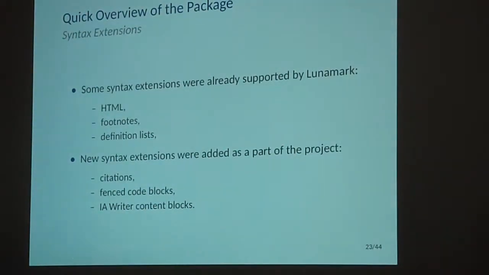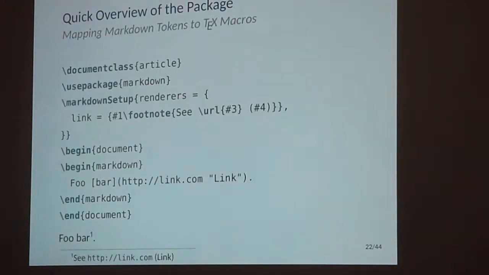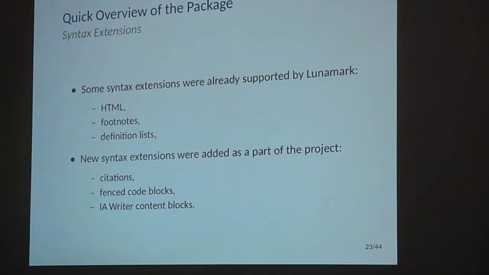I added some new extensions, notably citations, the Bangkok citations, fenced code blocks so that you can easily typeset your listings, and content blocks, which is a syntax extension used in an Apple Markdown writing application, which I think is really nice. They released a sort of a draft for others to implement it. I haven't seen it implemented in any other tool, but I think they are really useful. So I'll show some examples of these.